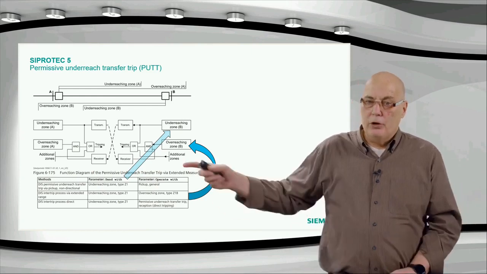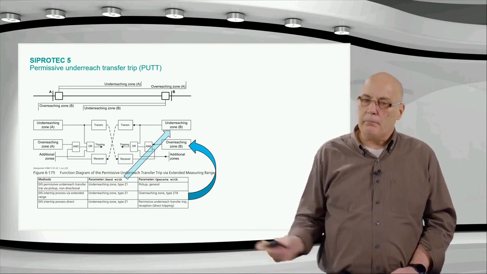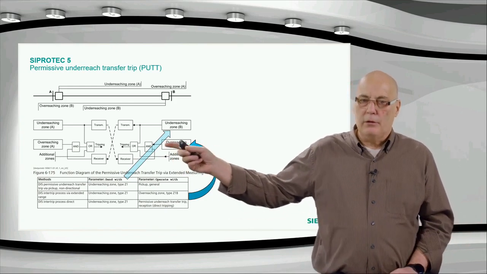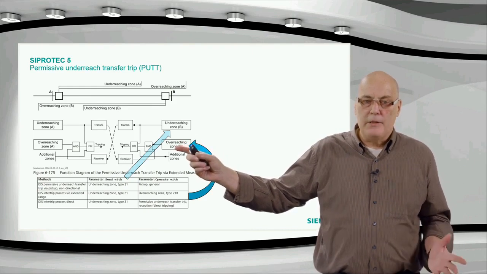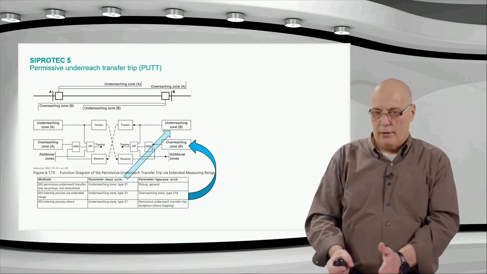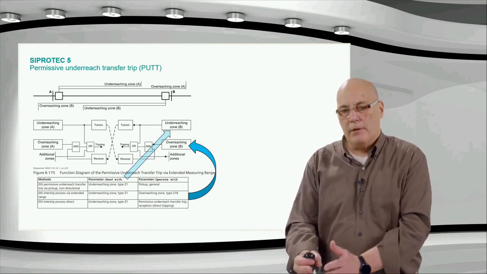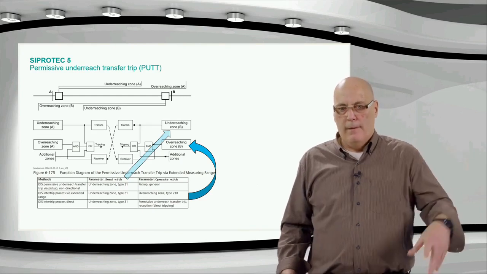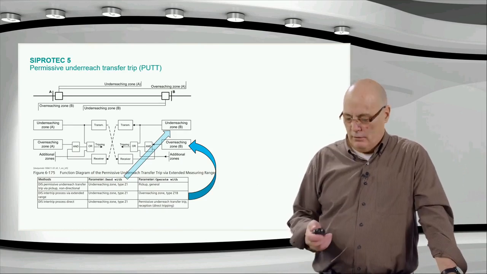If it then directly trips, that would not be good, even if it's only happening once a year. So you put that received signal into an overreaching zone release, and that means the chance of that unwanted command coming from one of your 10,000 relays once per year and an overreaching zone pickup at the same time is negligible. That's like winning the lottery 3 weeks in a row, effectively.